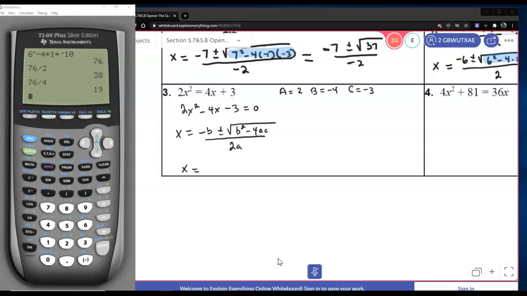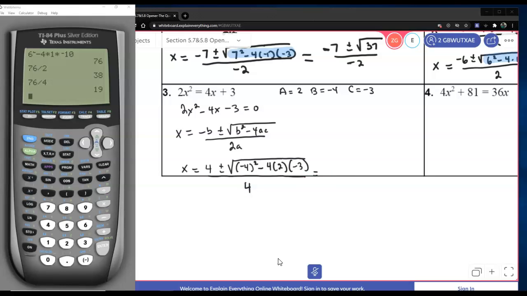We have negative b, which is a negative of a negative 4, which gives you 4, plus or minus the square root. This is where you have to be careful with parentheses, since it's a negative: negative 4 squared minus 4 times 2 times negative 3, divided by 2 times a, which gives you 4.